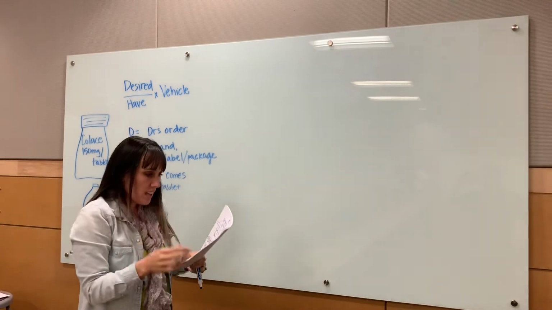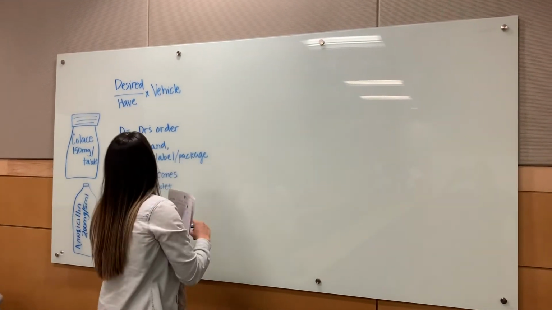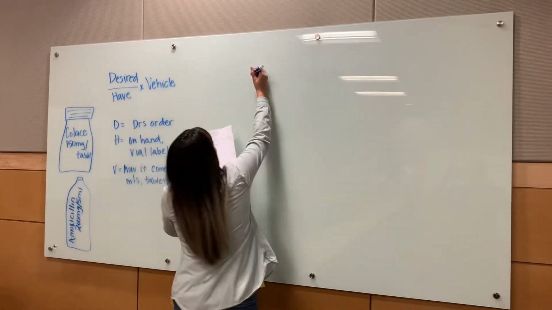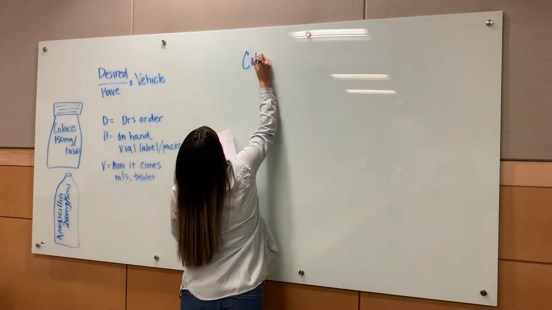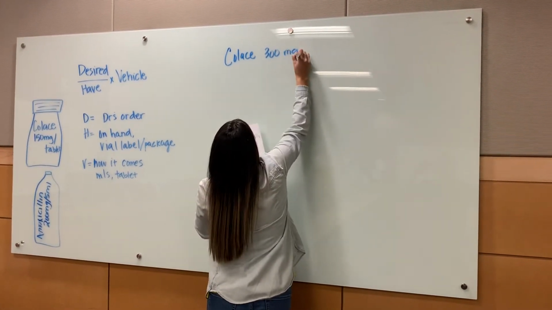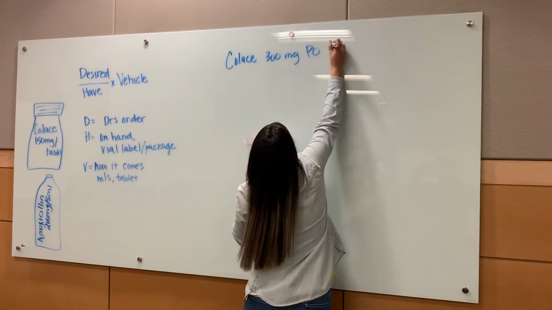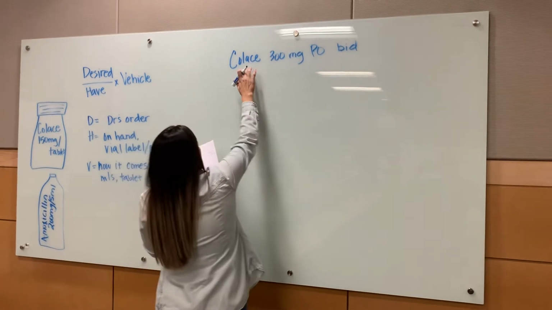All right, one last, let's say this patient actually has 2 orders. Colace, 300 milligrams, PO BID. Okay, Colace is docusate. That's the trade name for it.